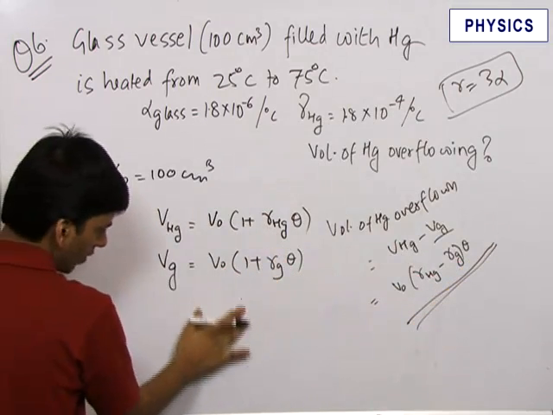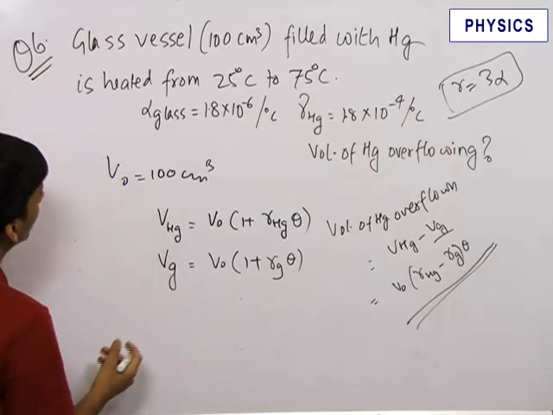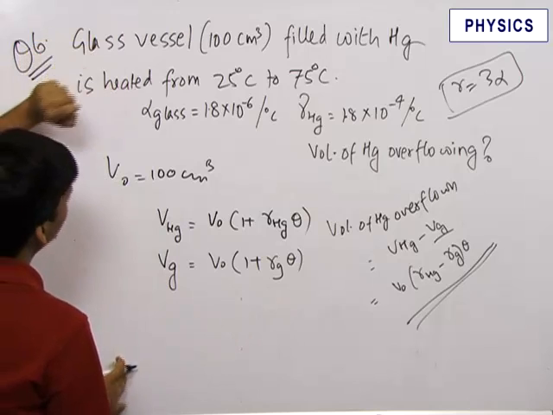Now, we can assume the initial volume of the glass vessel was 100 centimeters cube.